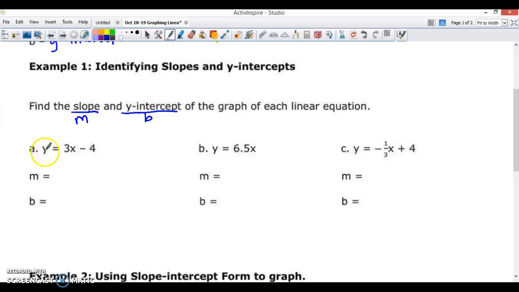So when we look here, we see y equals 3x minus 4. Slope is the number in front of x. B is the number, the constant.